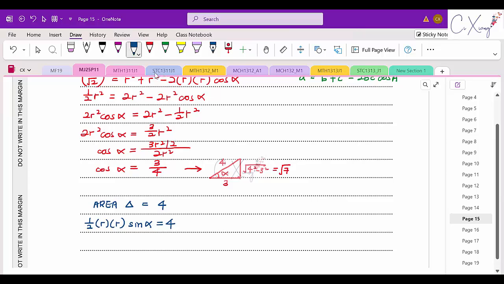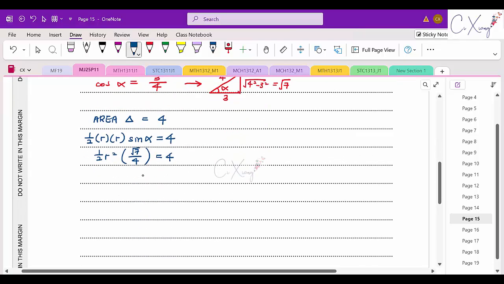Now I want to apply this result in my calculation in the next part. I'm having half r squared, so for r squared you just copy. Sine alpha, what's the value for sine alpha? Here it should be square root of 7 over 4, opposite over hypotenuse, right? And it is equal to 4. Okay, so please solve it continuously.